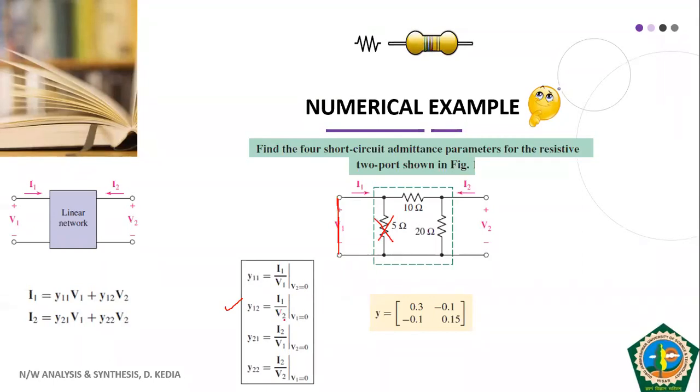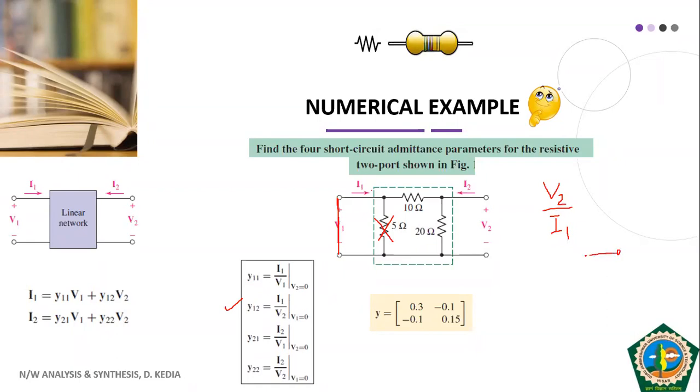So now we want the ratio of I1 and V2, or you can say in a way we want the ratio of V2 and I1, or we need some expression in the form of V2 and I1. So see students, here V1 is 0, but I1 is not 0. So if this is short, let me redraw this circuit, then you will be able to understand clearly.